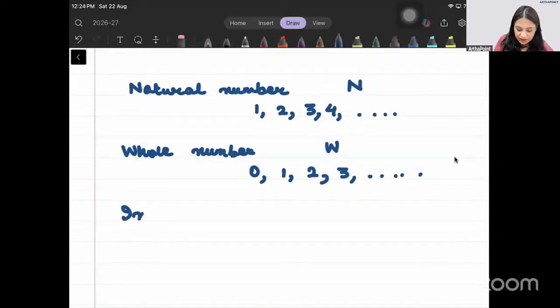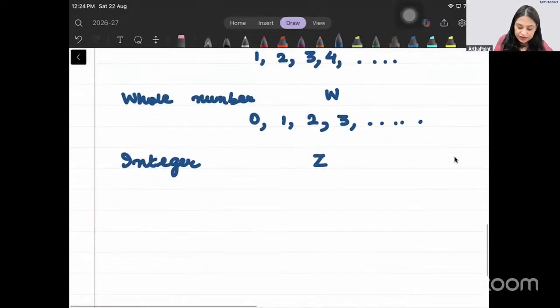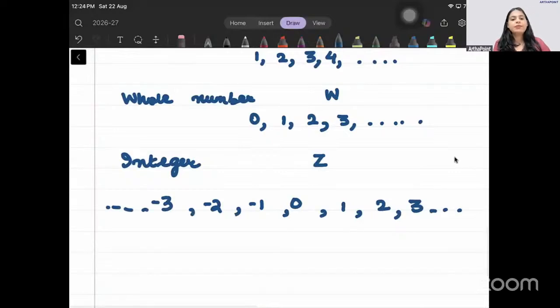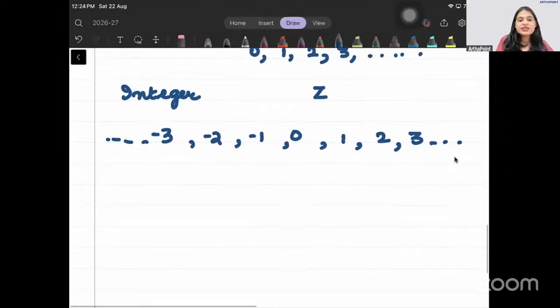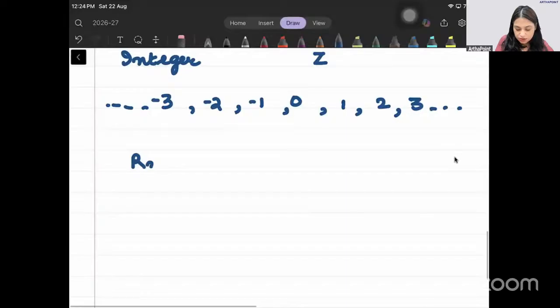The next one that we have is integer. Integer is represented by Z, and integer has negative also and positive also. So when you include negative and positive, that becomes integers. The next one is known as rational numbers.